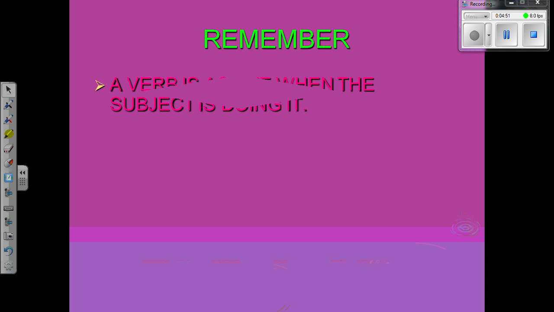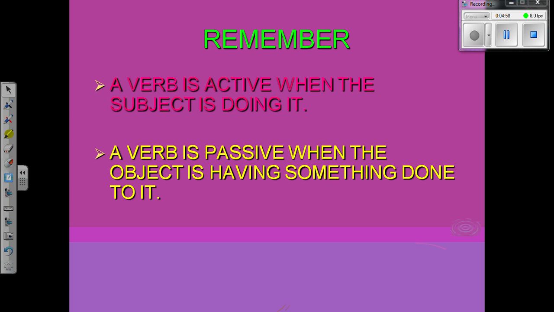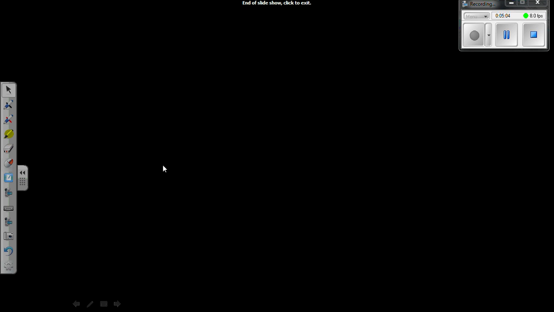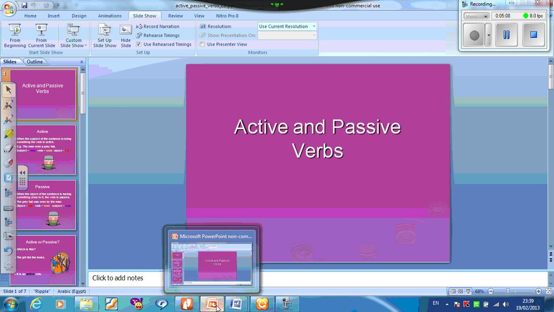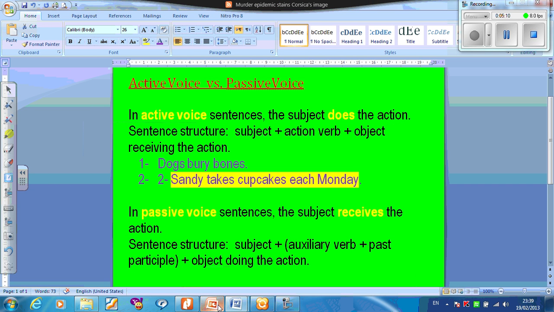Now remember, a verb is active when the subject is doing it. A verb is passive when the object is having something done to it. And that's the end of our PowerPoint.